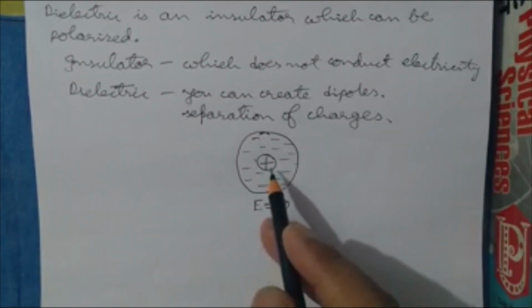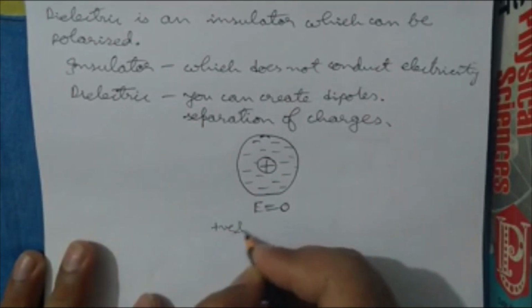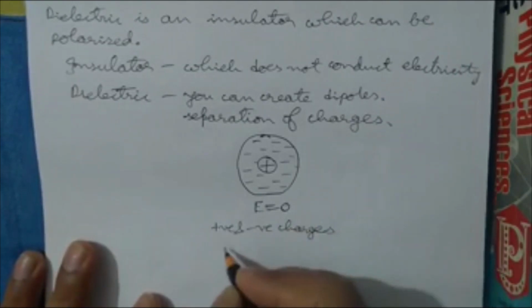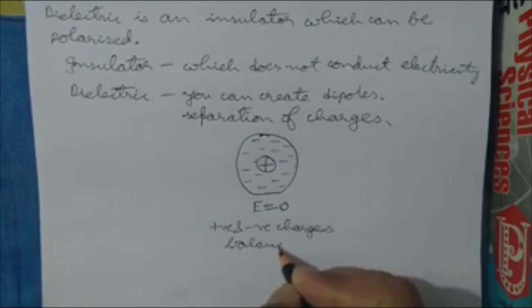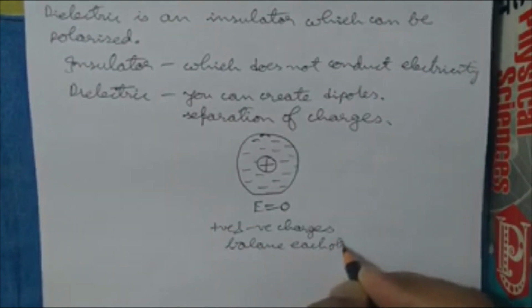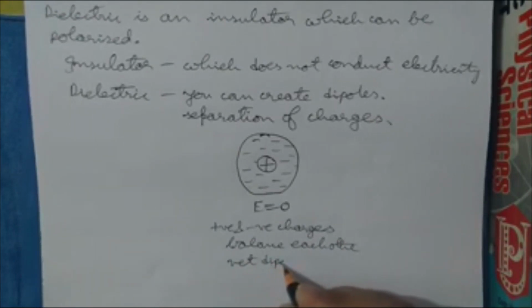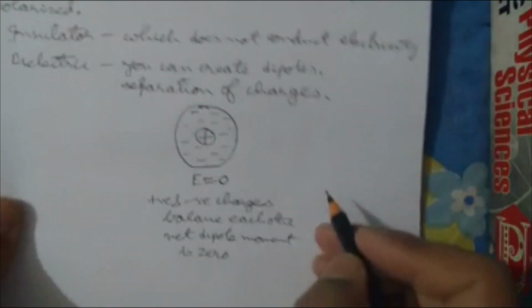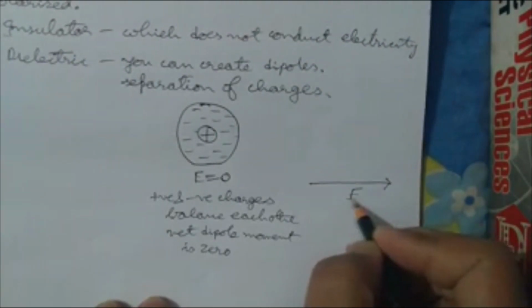The total positive charge and total negative charge balance each other. So the net dipole moment is 0.